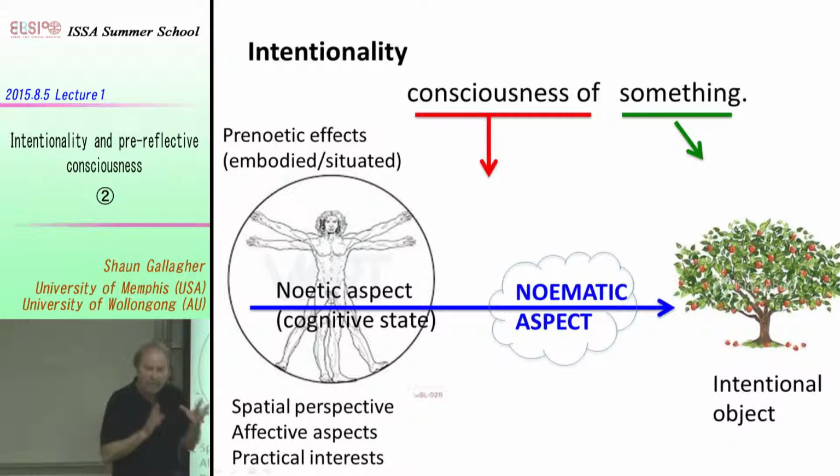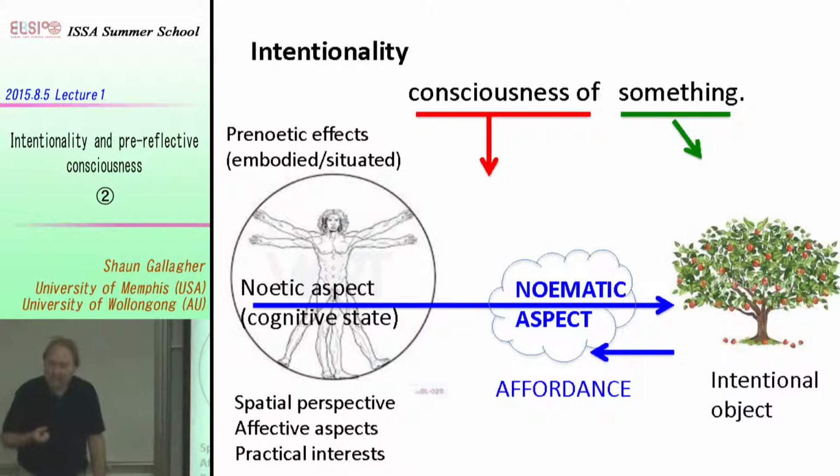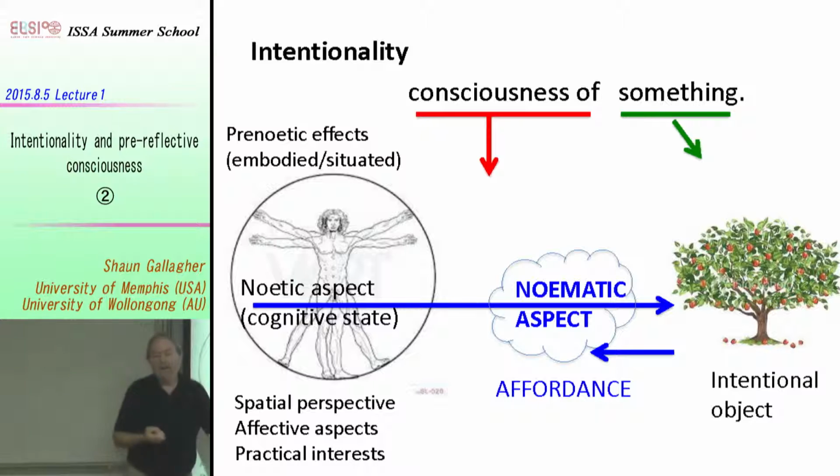And if you take that perspective and ask, well, how does the noematic aspect look in this more embodied view, then I think you could actually think of the noematic aspect as what Gibson calls the affordance. If you're familiar with ecological psychology, an affordance is a relational thing.